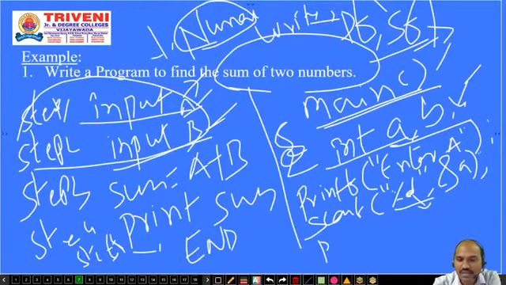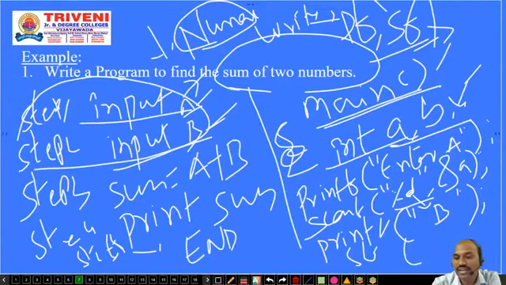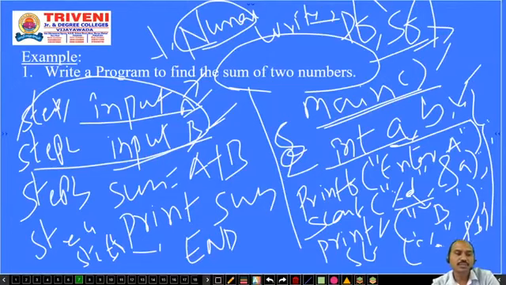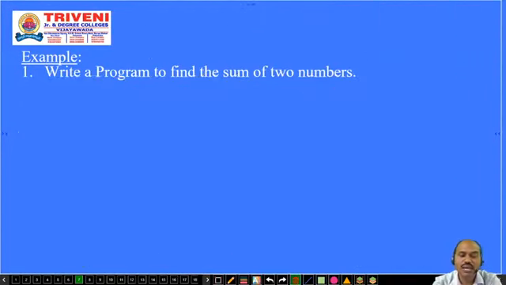Likewise, printf enter b. The next one is scanf, %d, comma, ampersand b. So these are the two statements we use for the a value and the b value. Then the input values are completed.